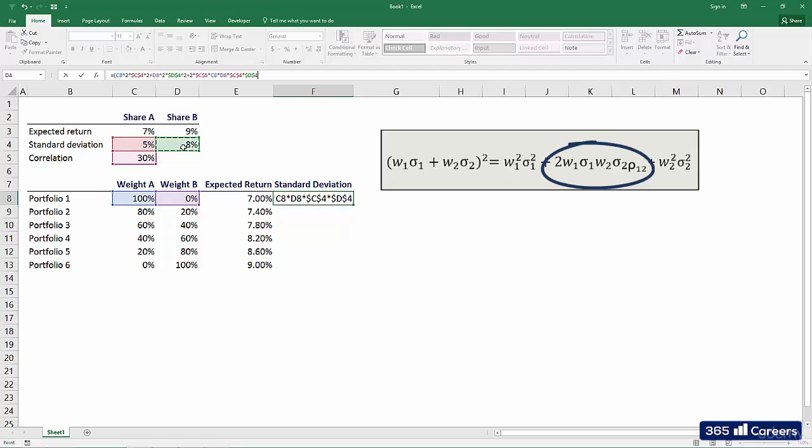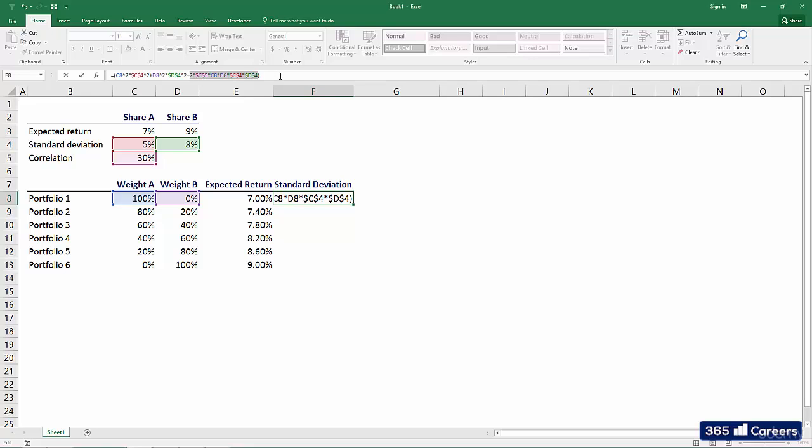This is the diversifiable component of the portfolio. The lower the correlation coefficient, the greater the diversification effect that the combination of two stocks will have. To obtain the standard deviation of the portfolio, we'll need a square root of this number.